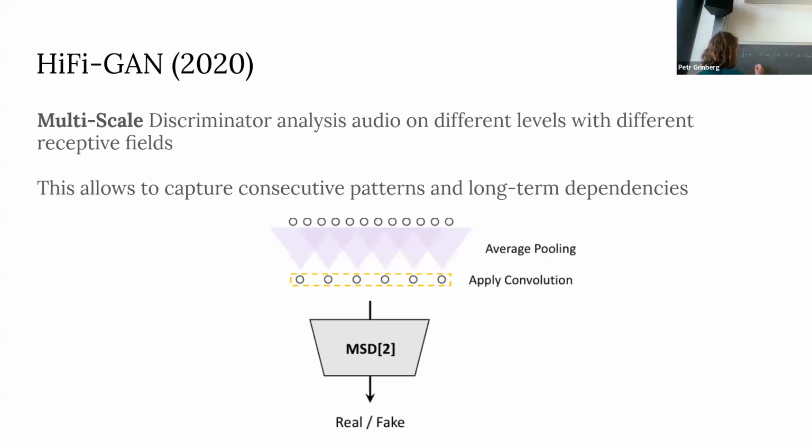And in HiFi-GAN, you have a dataset with audio, and for each audio, you compute the actual Mel spectrogram. Audio. Compute Mel spectrogram, compute via generator fake audio.